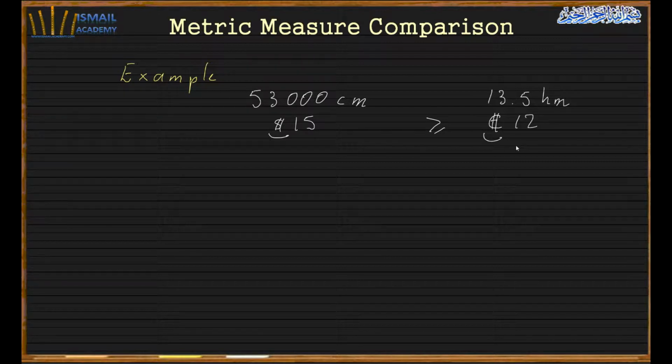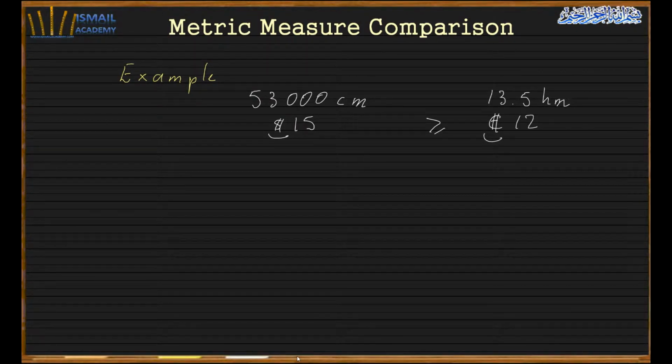If I make those units the same, then I can compare them, but if they're not the same, I cannot compare them. So that's the idea. For that, we will have two cases.